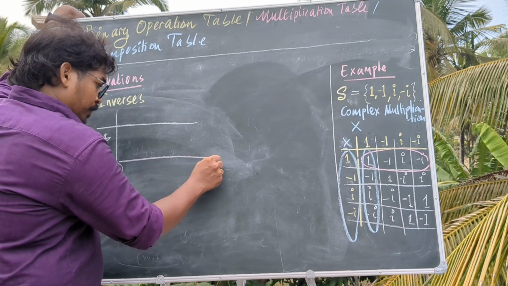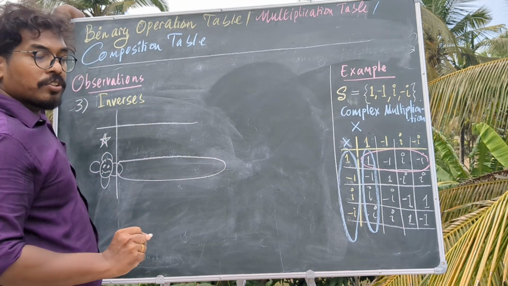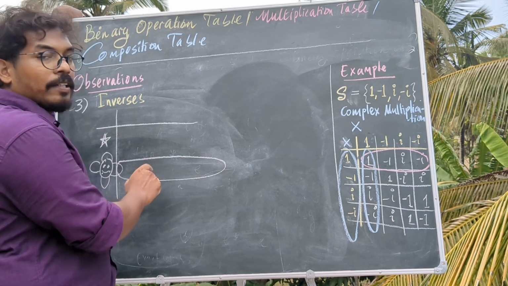In this row, I will first search where the entry star is.